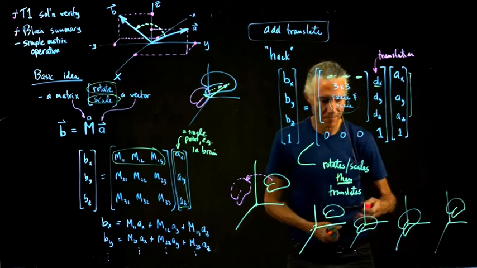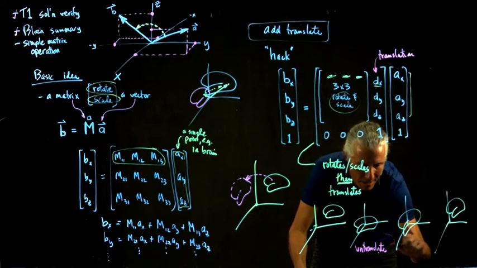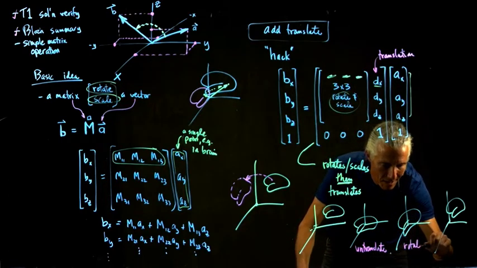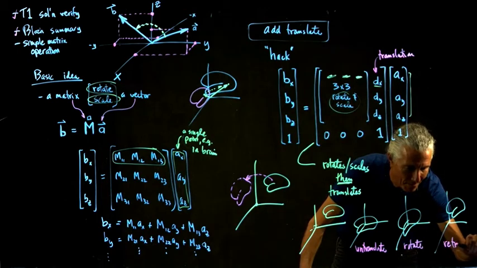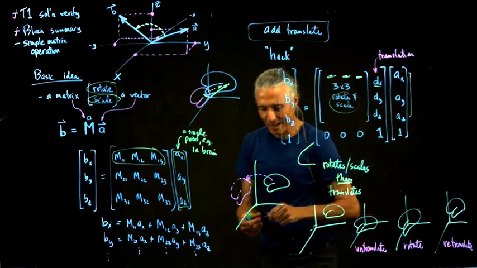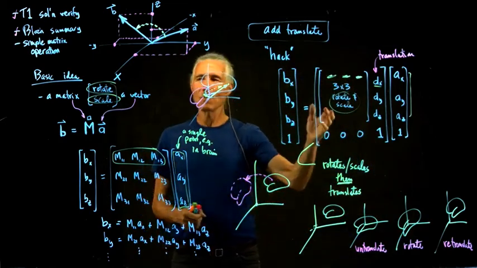So this is: untranslate, rotate, retranslate. And like I said, it's because of the hacky way the translation is built in. What does a matrix do?